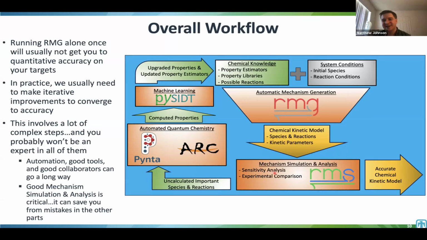These sorts of questions can lead you down paths that help you fix problems in the rest of the workflow. This is particularly important because if you look at these four areas, this is probably the least hot research-wise, but I would say it's the most important in getting a good, accurate mechanism, because it really helps you run this whole workflow properly.